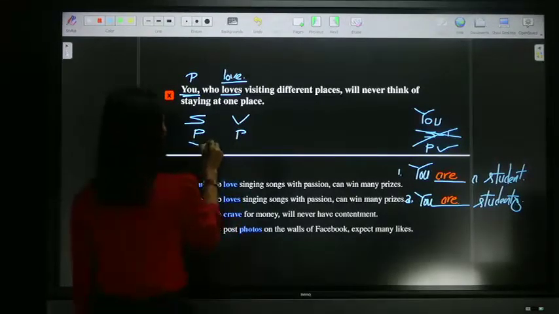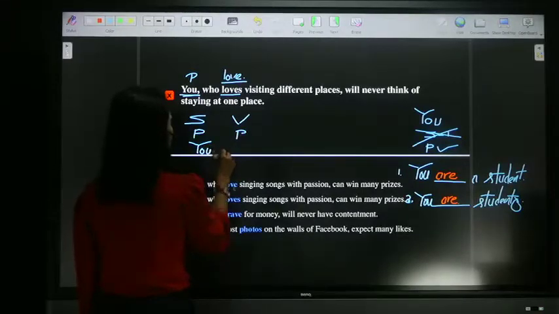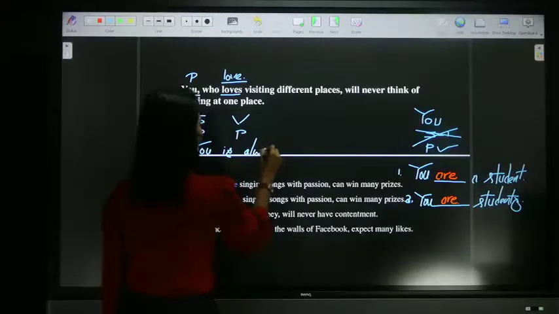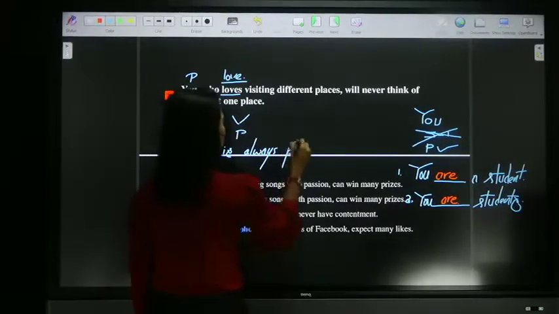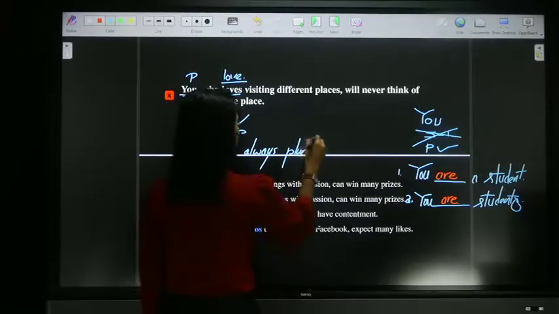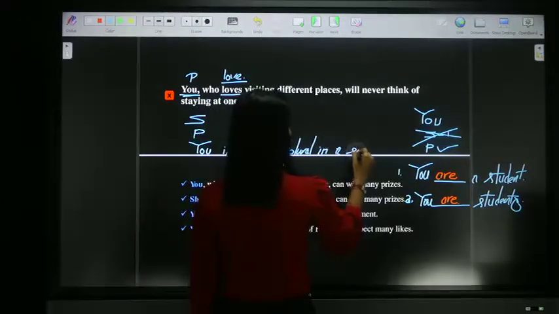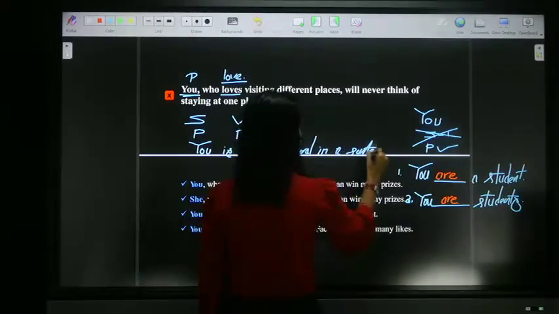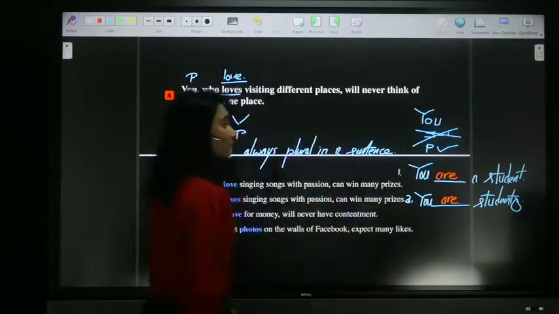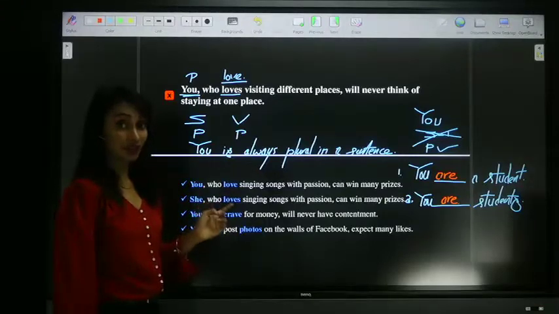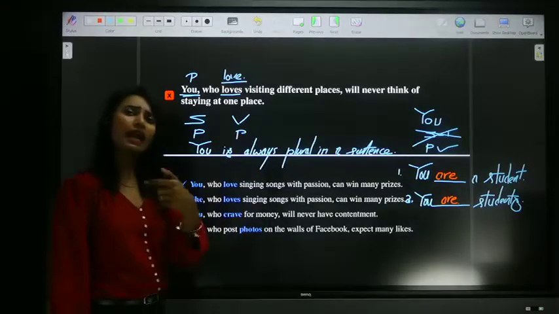So remember, you is always plural in a sentence. You is always plural in a sentence. You cannot have singular you because give respect and take respect.